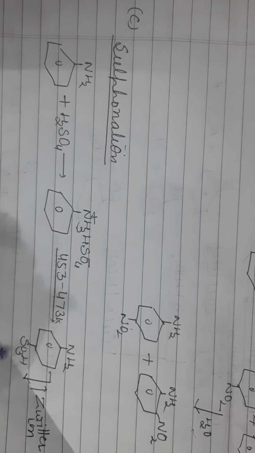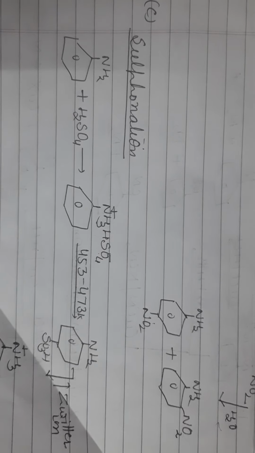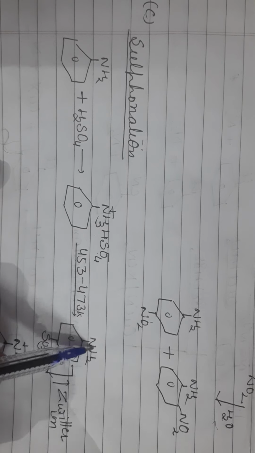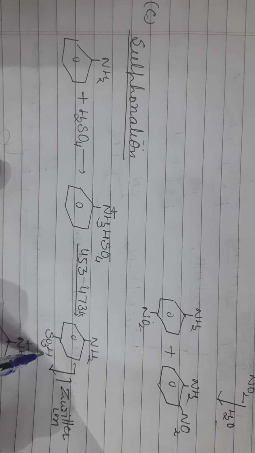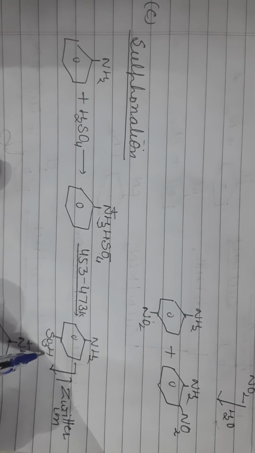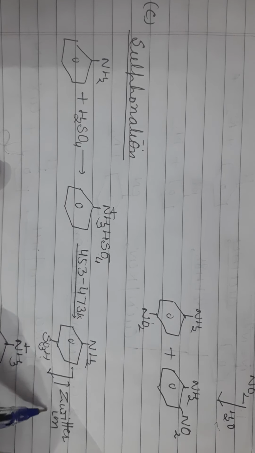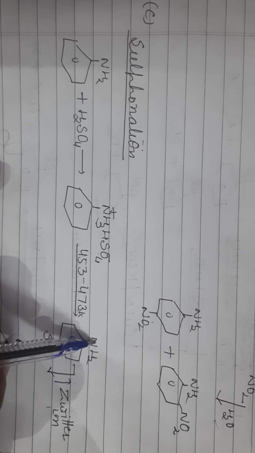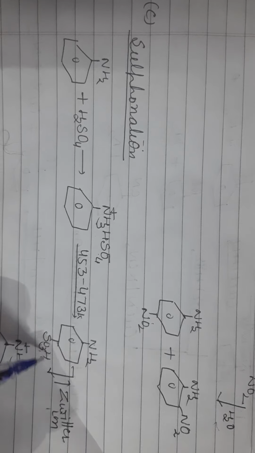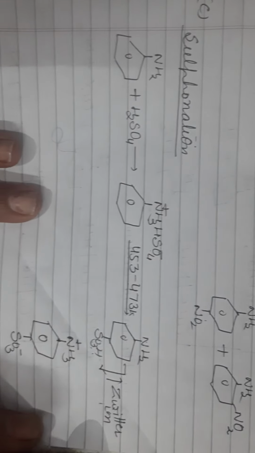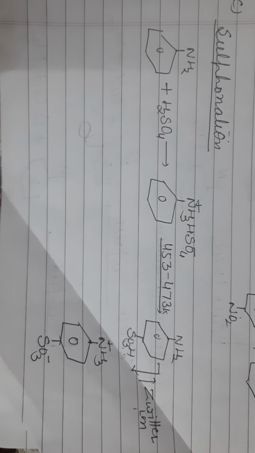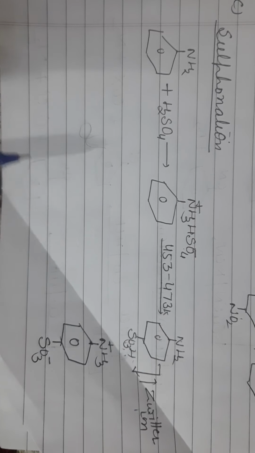At 453 to 473 Kelvin, this undergoes rearrangement and we get the NH2SO3H group with release of water. This is called a zwitterion because again this is a base and this is an acid. Here a shift of hydrogen takes place.